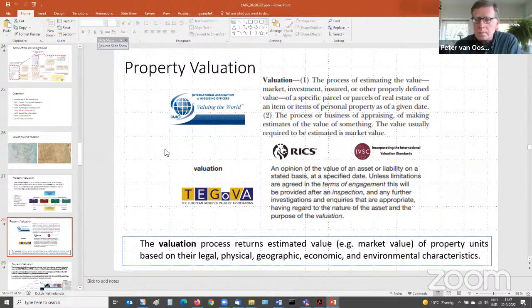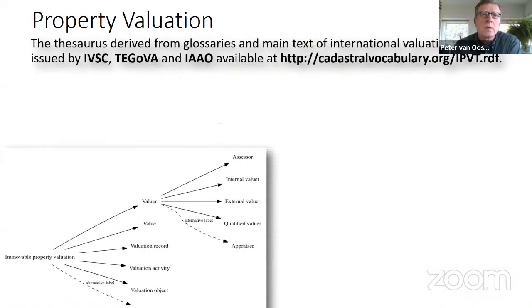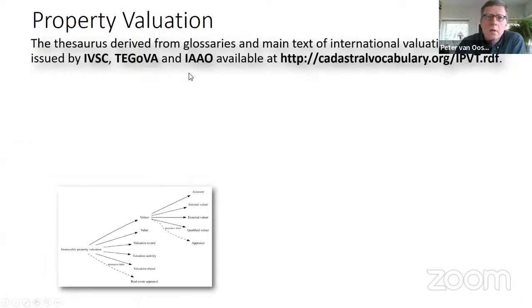So valuation: how do we record these values in a model so that everybody understands what they mean? Abdullah Kara investigated the thesaurus, the set of concepts defined by various international organizations.